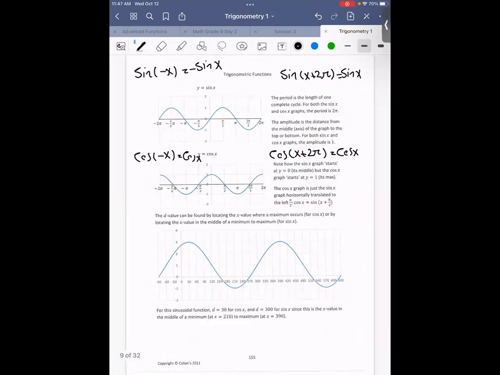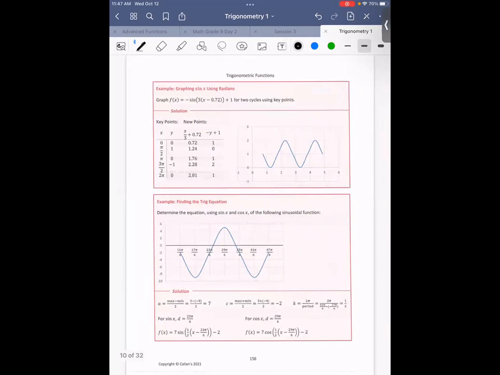Because we talked about the graphs of these functions, you can see these are the graphs of sine and cosine. So you can use these two functions to build new functions by just transformation.